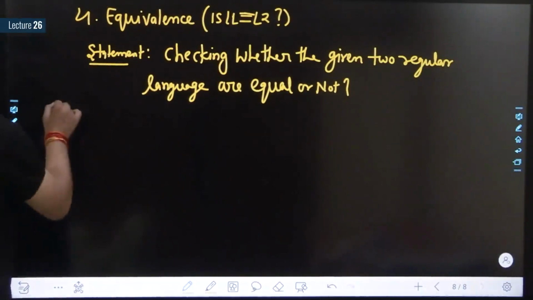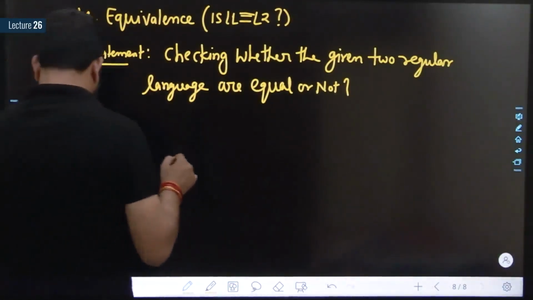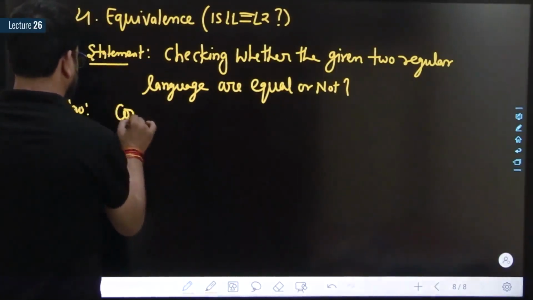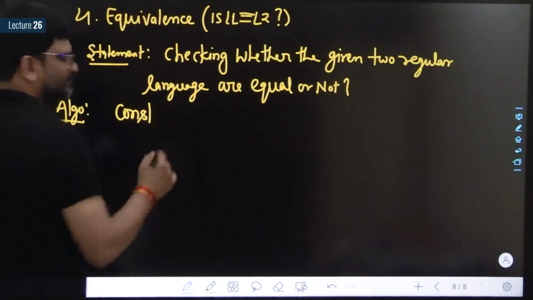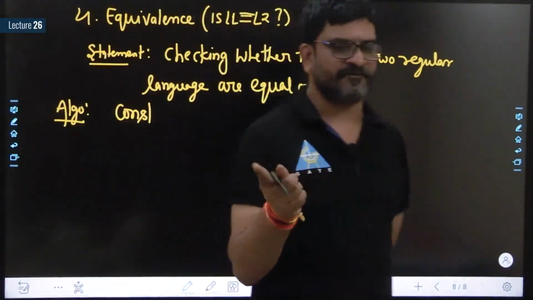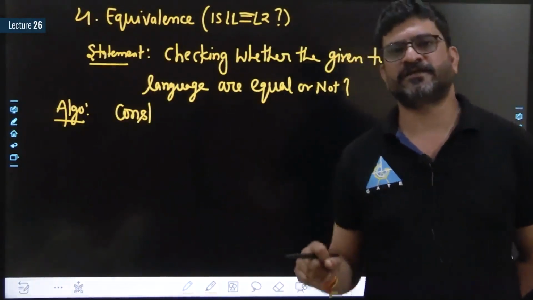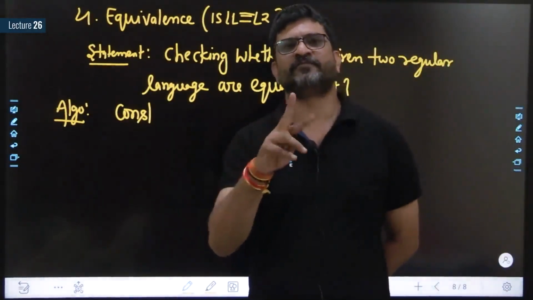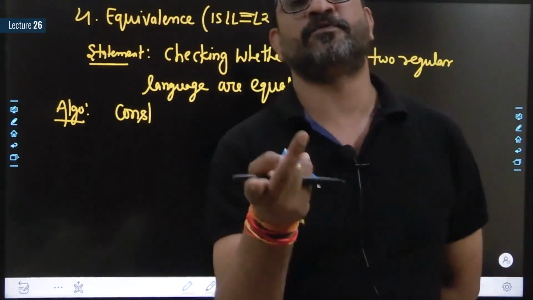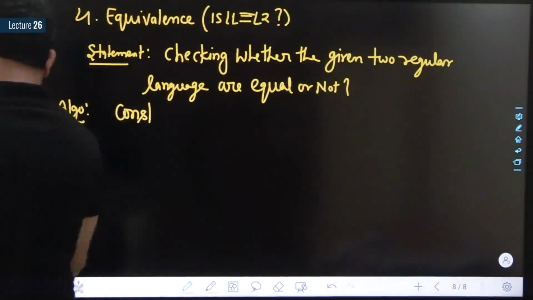What is the algorithm? Construct the two DFAs, one for L1, one for L2, and minimize these two DFAs. If both are equivalent, it means both accept the same language. Both languages are equivalent.